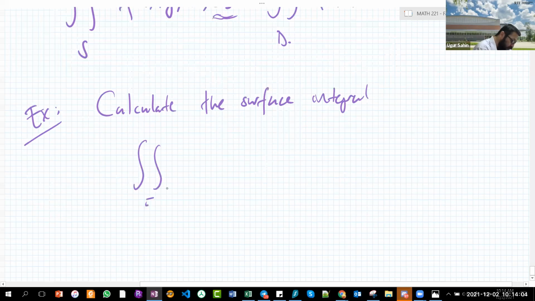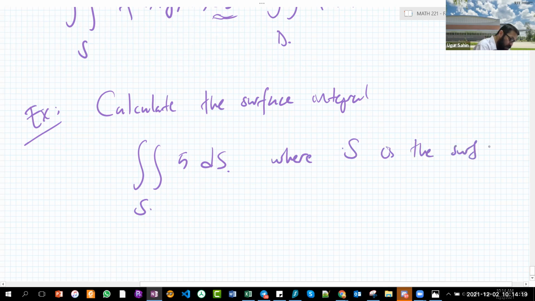So please calculate this integral of 5 dS over the surface, where the surface is given by this parametrization: u, u squared, and v.